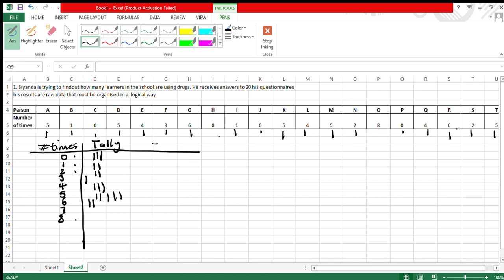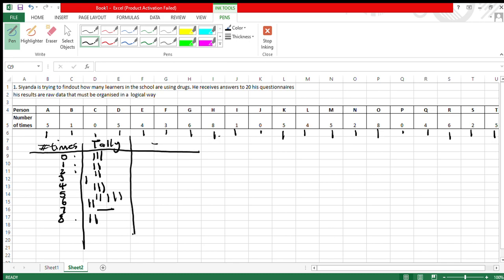It seems we don't have a 7. Let's put a dash here to indicate that there was no 7. And then for 8, the number of 8s, we have one 8, let's mark it. I think we have another 8 here. Another mark. And I think we've accounted for all our data points. Okay, I think we're done with tallying.